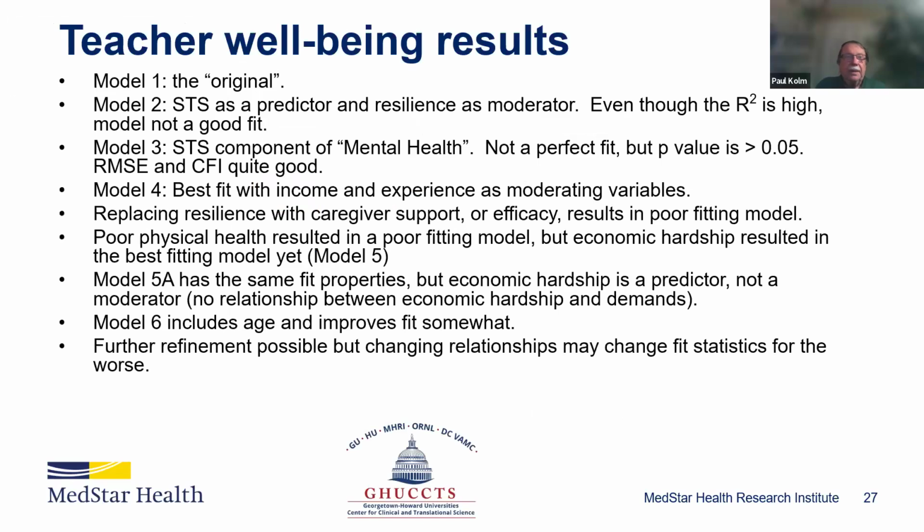So this is stuff I've kind of already said as we've gone along here, but what I want to emphasize is that we can adjust our model in terms of the variables that we input or leave out. And even though in this case we were able to come up with a fairly decent model, you have to realize that when we change the relationships, that will obviously change the fit statistics.